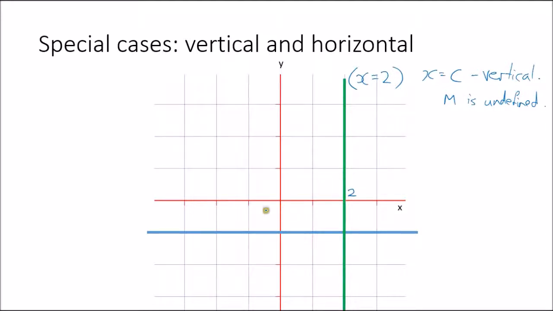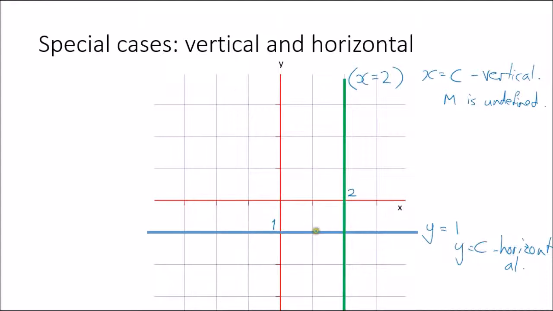Now with the blue line, what we've got to think about is where this is crossing the axes. It's crossing the axes at y equals 1. At any point along this line, y equals 1. So a horizontal line like that is y equals 1. If you get lines of that form, so y equals a number, they are horizontal, and the gradient of these lines, well, gradient is rise over run.